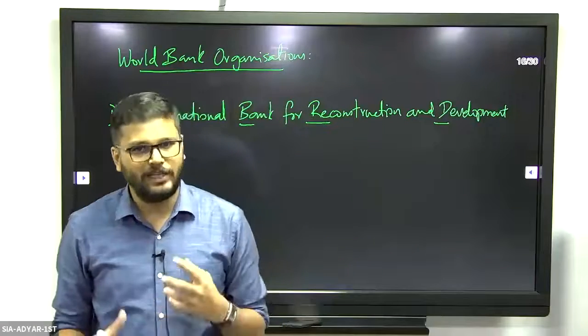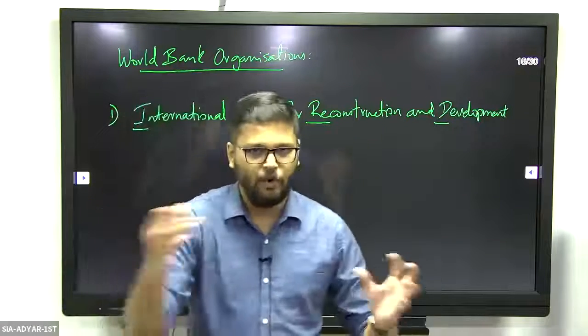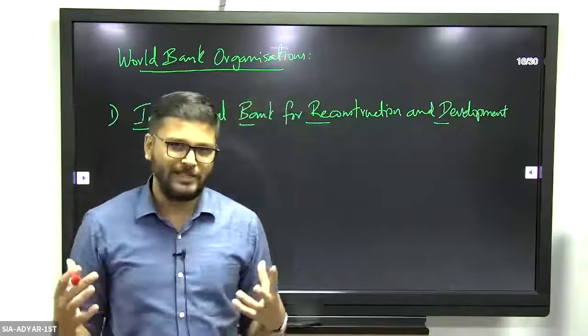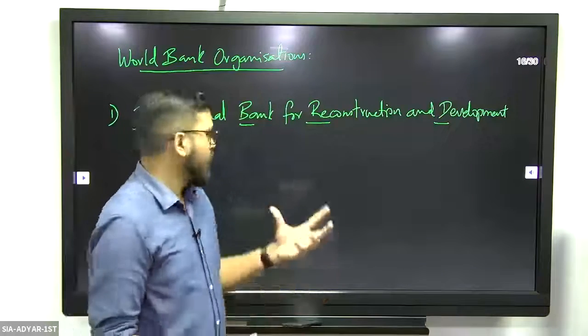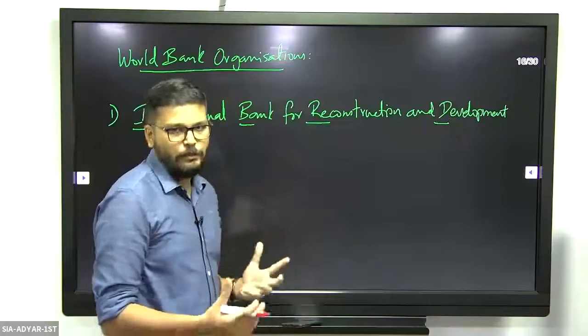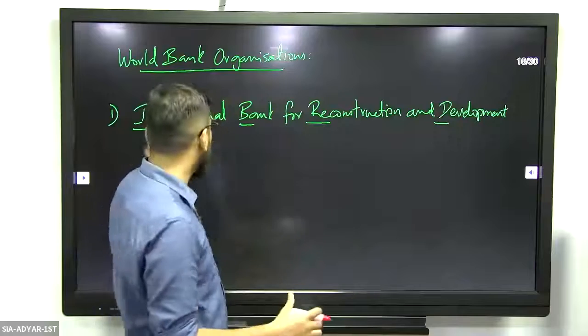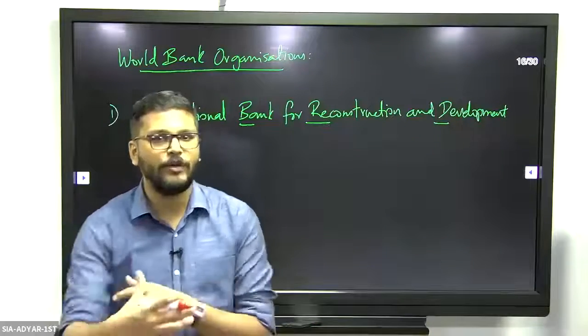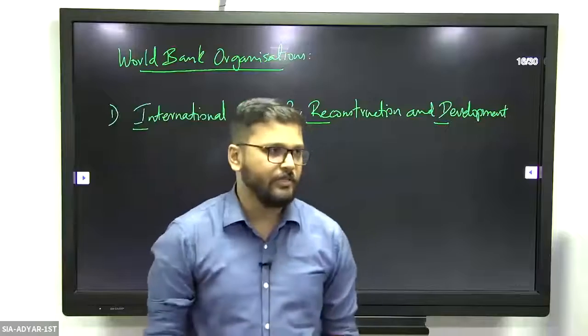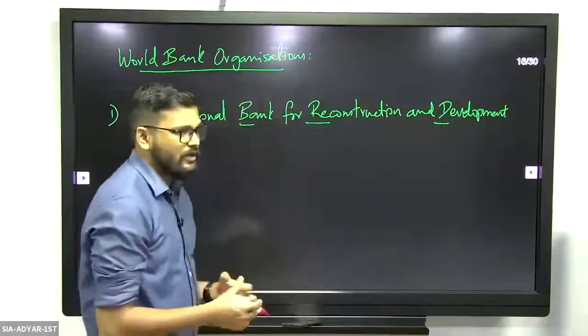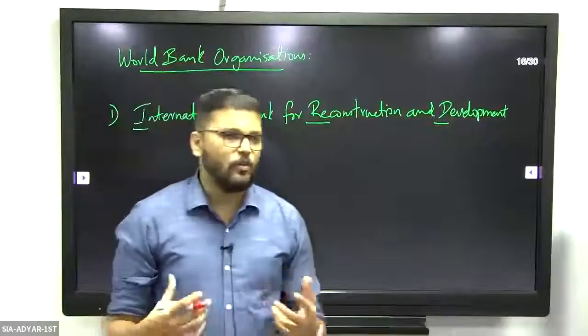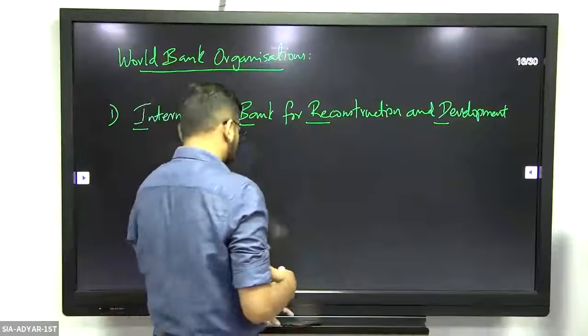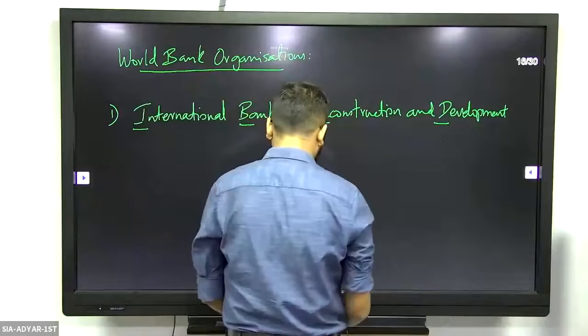So after the war, they realized the mistake and said we have to be more inclusive, and said Europe has been significantly affected by war. Let us try to rebuild primarily Europe. So that is the International Bank for Reconstruction and Development, for the development of the war ravaged countries. In that context is what this organization was set up. It has grown in size, and it has expanded its reach across the world now.